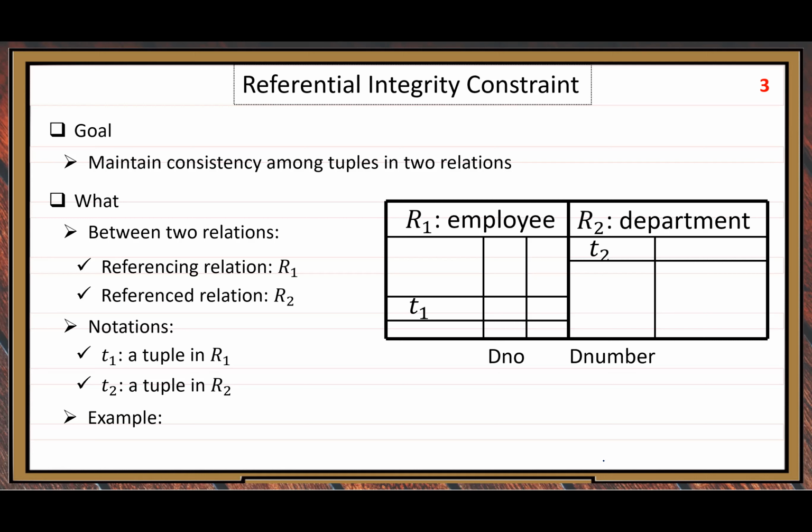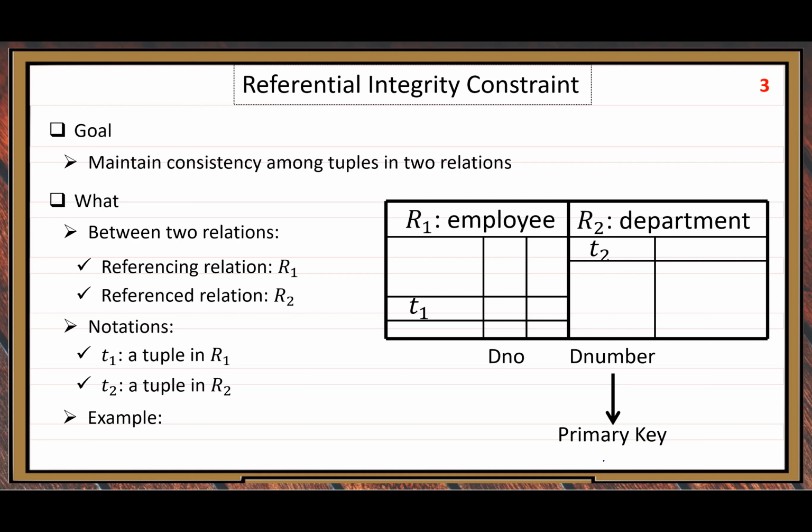Relationship: they refer to the same object. DNO, D number, same object, department number. And D number in R2, we use it as the primary key. Department, we use department number as the primary key.